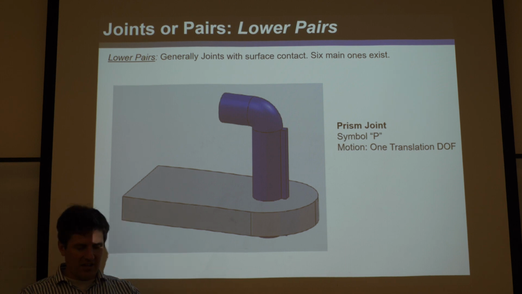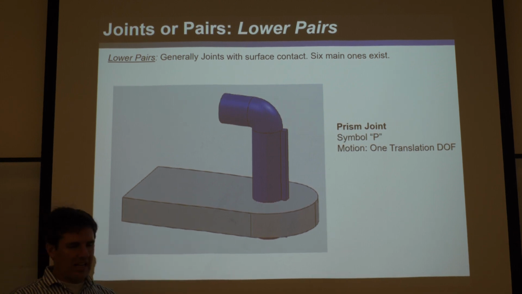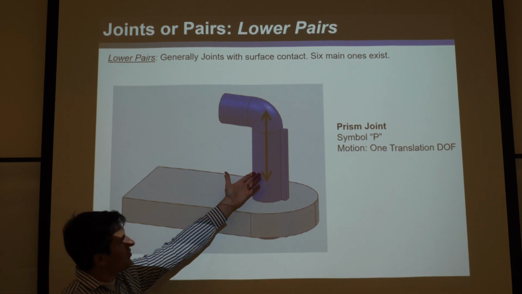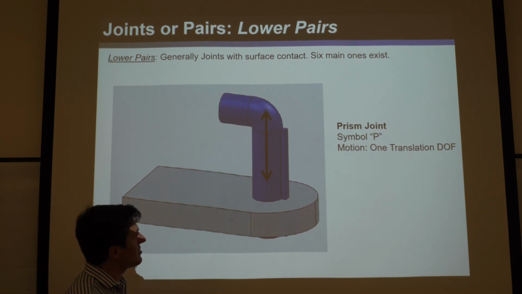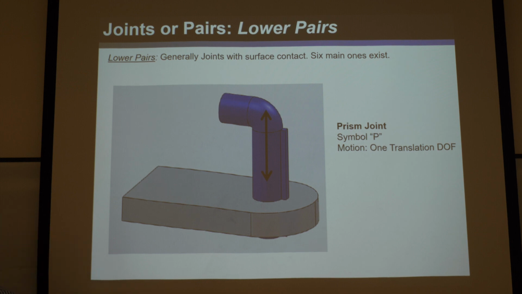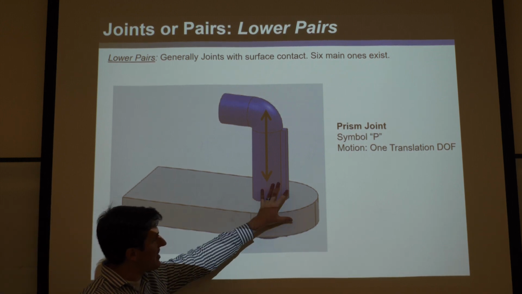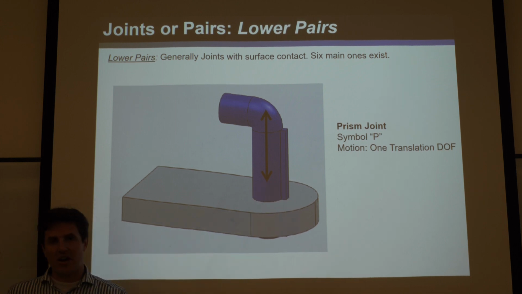You could have a square inside a square, or anything that only allows the translation is a prism joint. So it's a one degree of freedom joint. It's just one translation that it allows. But again, that's not what makes it a lower pair. The thing that makes it a lower pair is there's surface area contact between the two links that's constraining the unwanted motions and allowing the translation that you want.